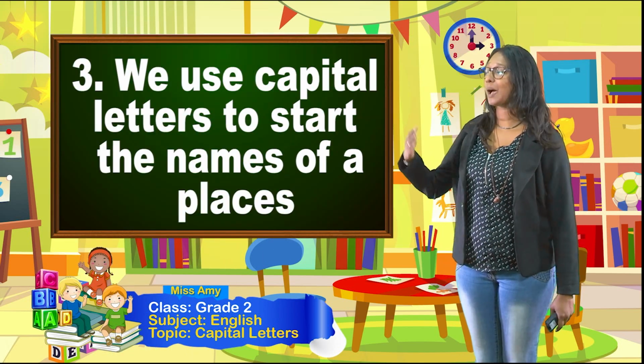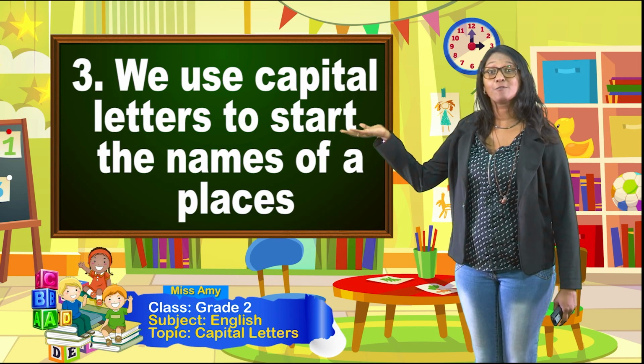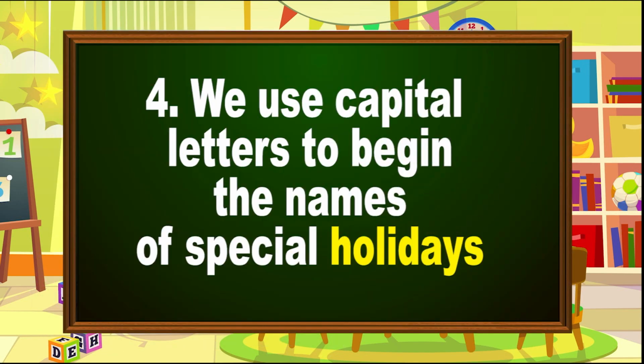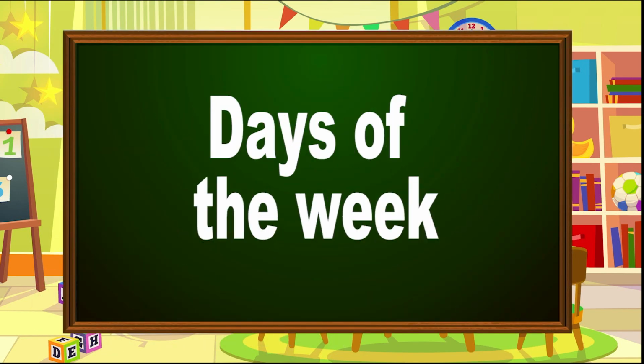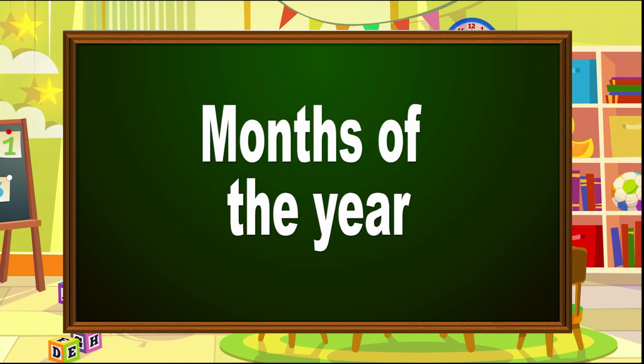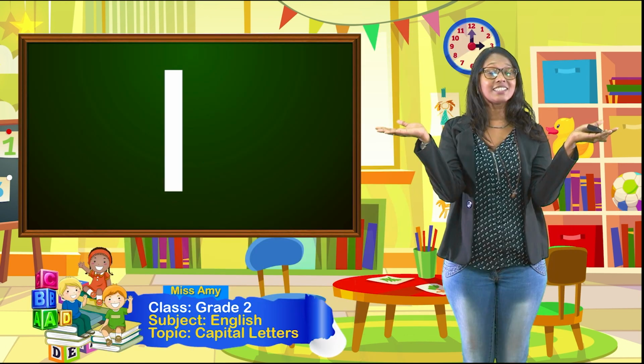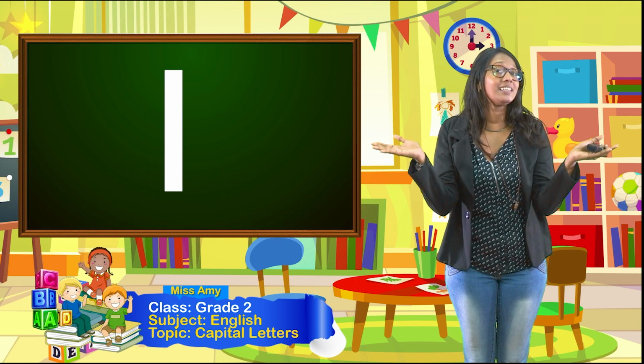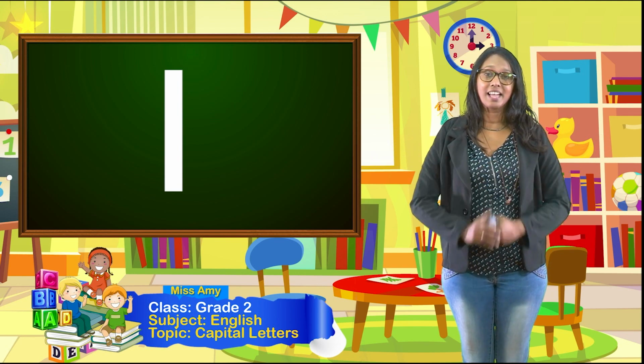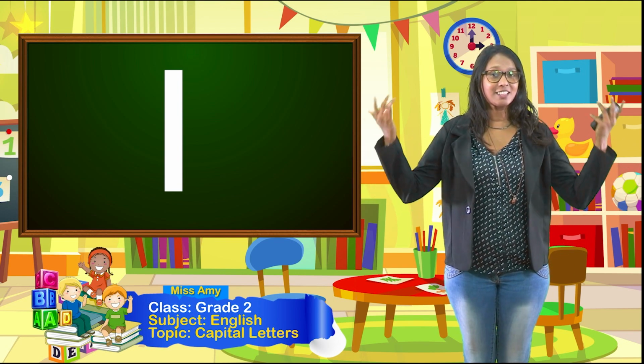We use capital letters for names of places, holidays, days of the week, months of the year, and we also use capital letters with the letter I. When I is by itself, we put it in a capital letter.